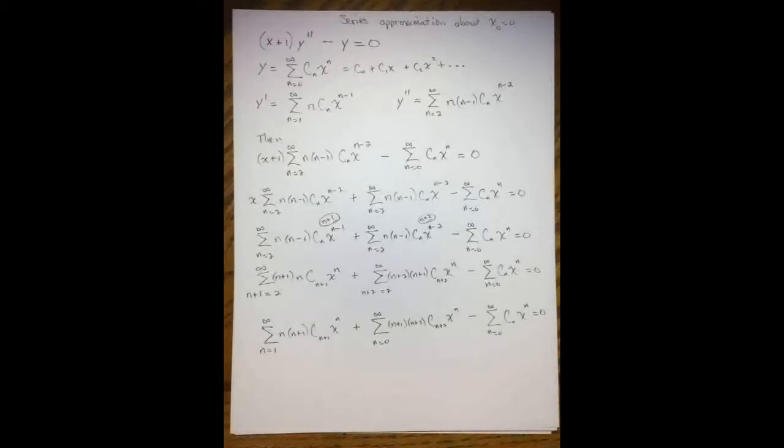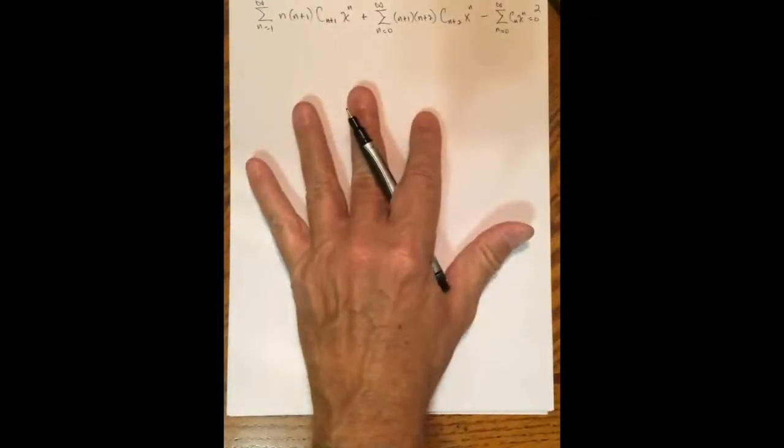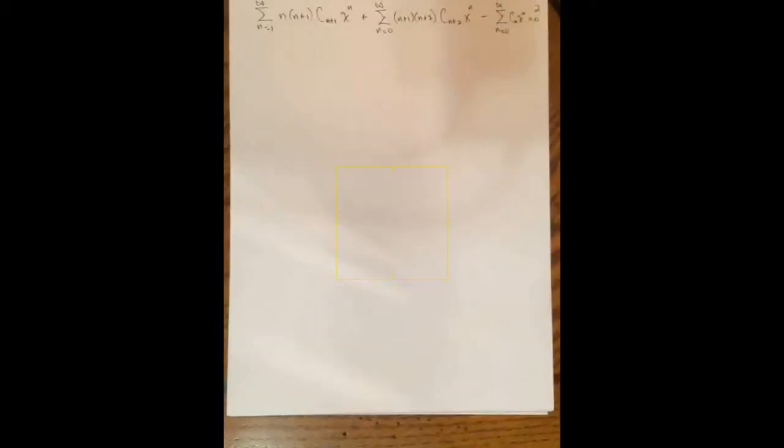Okay, so I'm going to copy this last statement to the top of another page, and we'll pick up right there. Okay, so here's what we've got from the previous page, rewritten at the top.